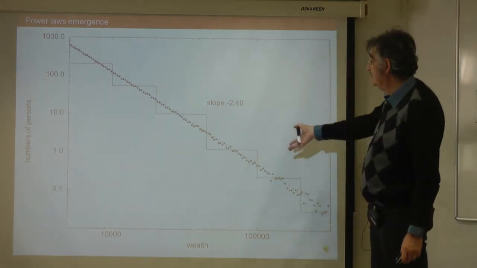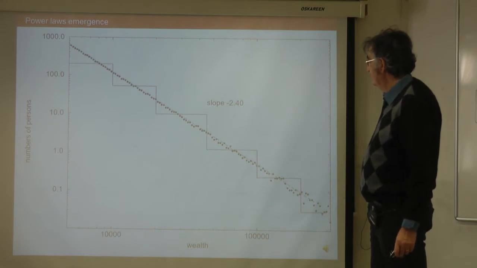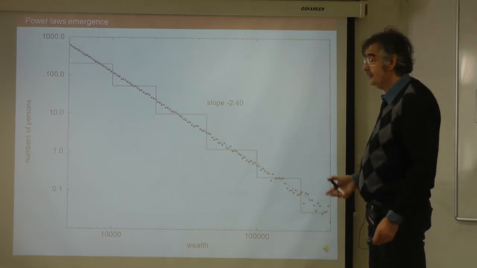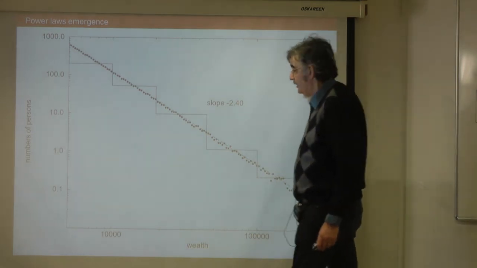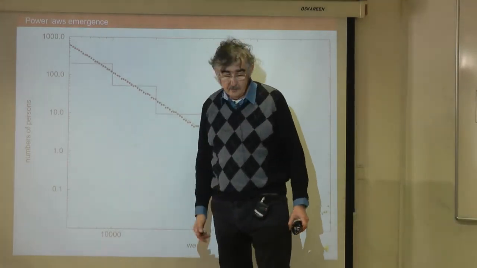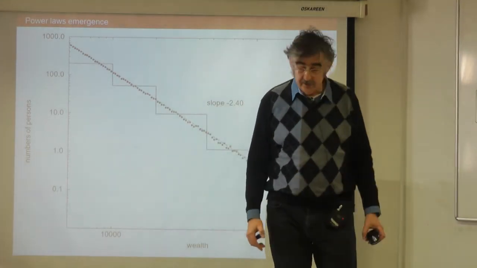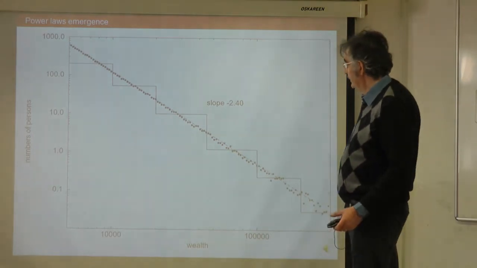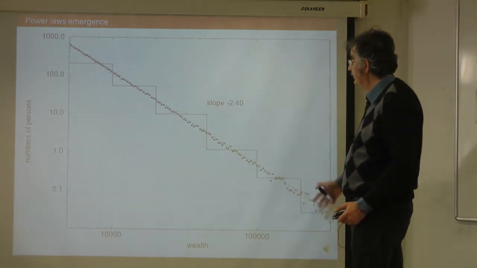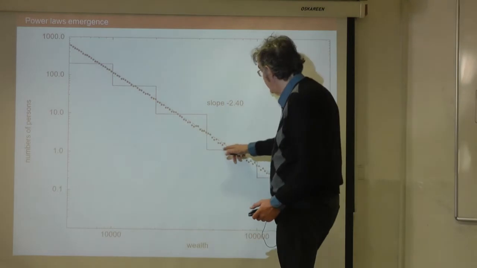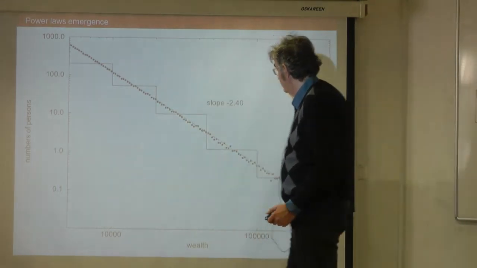I think that this was just from Sweden in the 60s, but I showed to you in a previous lecture even quite a number of graphs from the United States in the last 20 years. And they are all of them looking like this. This is a simulation, and these are the measurements.